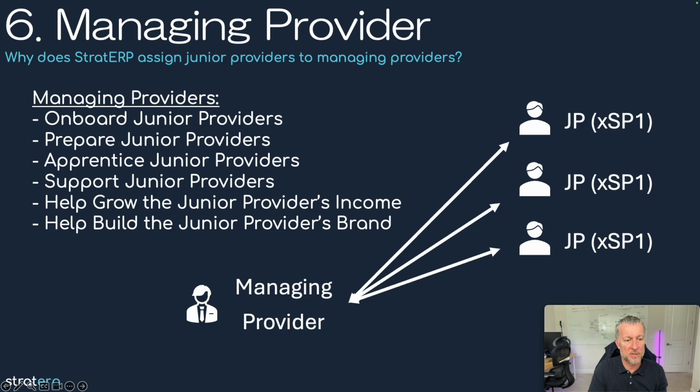They also can help support the junior providers. They help grow their income. And then obviously at the same time, they want to help grow their brand, right? So the DC's finding the work. He helps build the providers. The providers are building the training. They're putting the ASPs through the training, and sales is finding a new home for them. And that's kind of how the whole engine works, if you will.